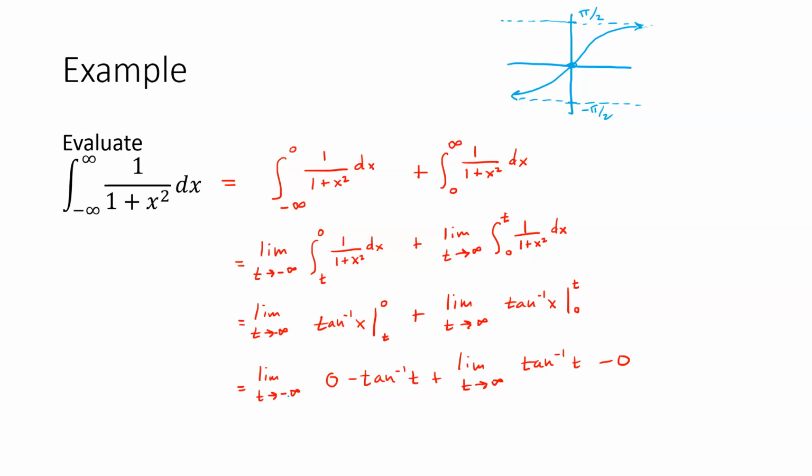So for the limit as t approaches -infinity, this will approach -pi over 2. And as t approaches +infinity, tan inverse t will approach pi over 2. So our answer will be 0 minus -pi over 2, so pi over 2, plus pi over 2. So we got pi over 2 plus pi over 2 equals pi.